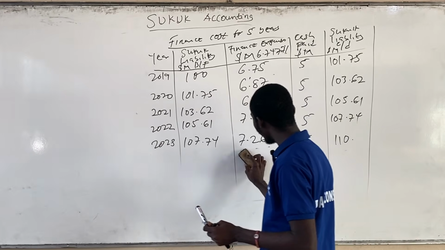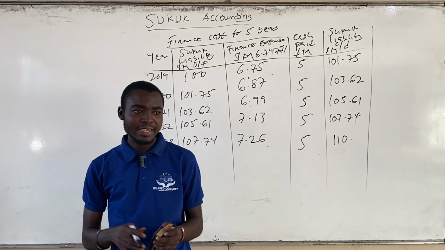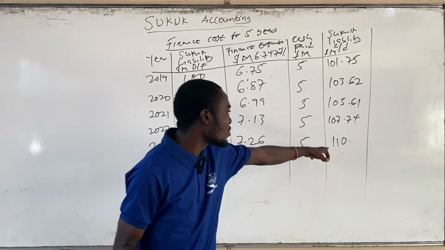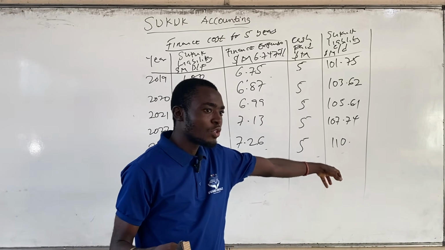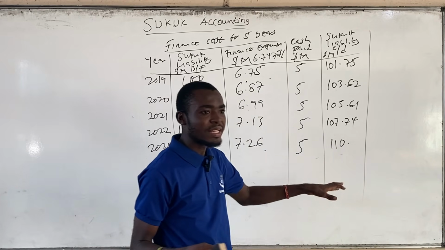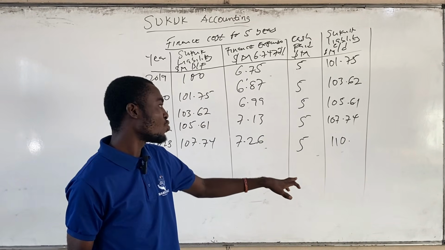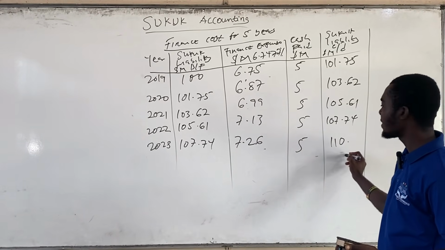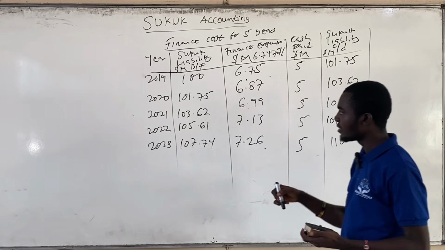So if you refer back to the question, the originator promised to repurchase the office building at the price of 110 million. So at the end of the 5 years, the amount of money that the originator will be owing the Sukuk holder will be equivalent to the amount that they promised to repurchase the asset, which is 110 million.